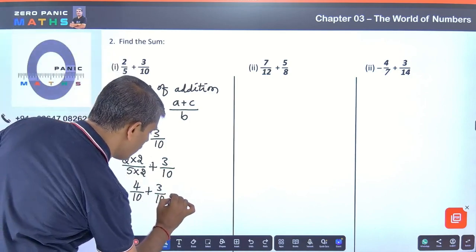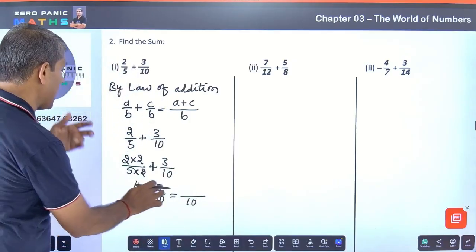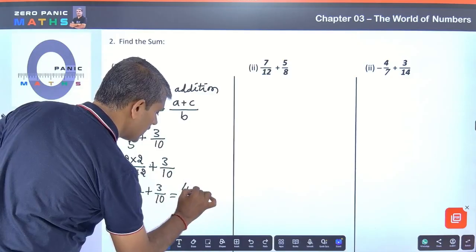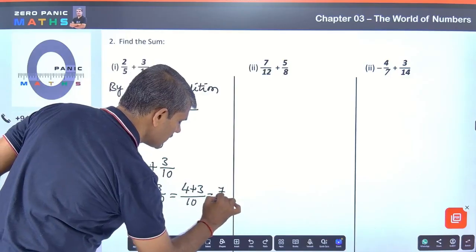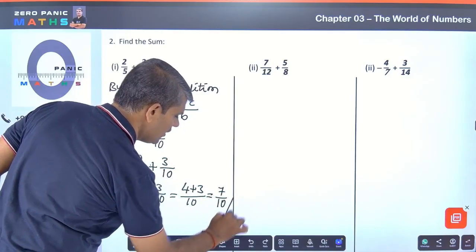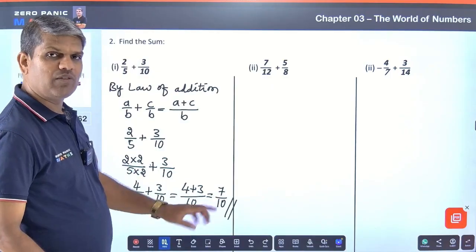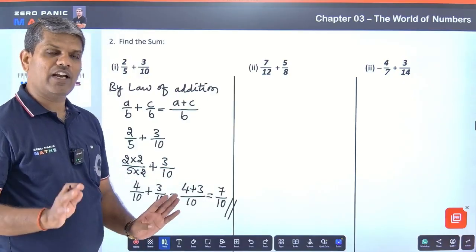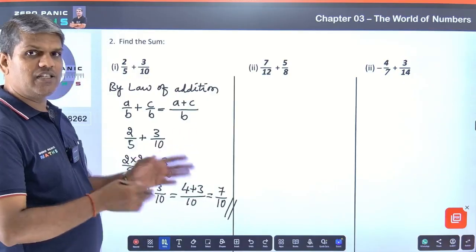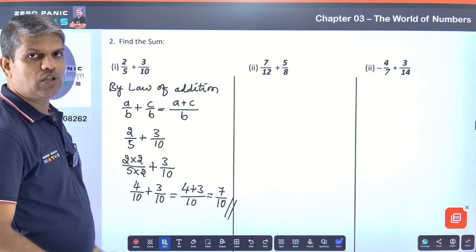So I can keep the common denominator and add both the numerators, that is 4 and 3. So what is the final value? That is 7 by 10. Since we cannot divide anything more, I can keep that as 7 by 10 as the final answer. But if there is something you can divide to reduce that number to a smaller fraction, you can do that also.